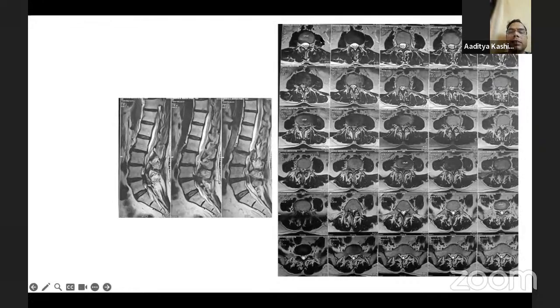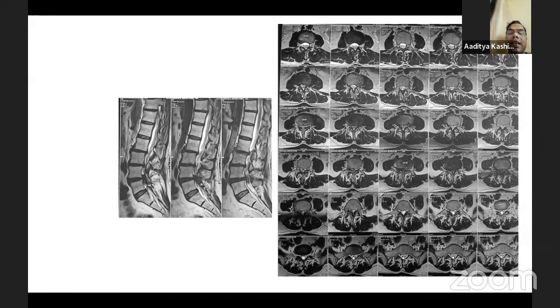The facet has grown inside more on the right side. There is also a stenotic component at L3-4 level. There is early stenosis at L2-3, but I feel there is stenosis from L3 to L5.